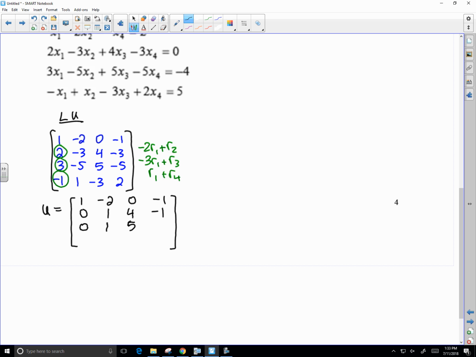That was, yeah, no, that's good. Negative 2. Then 0, negative 1. Negative 1, negative 3, and positive 1, it looks like.